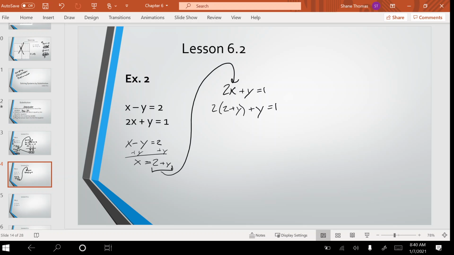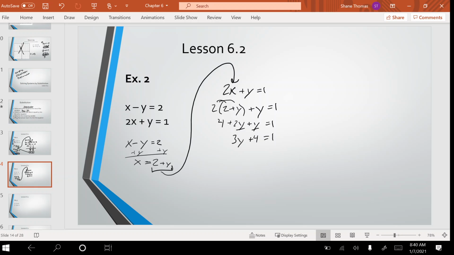Okay, yeah, you're still multiplying. You're multiplying the 2 through. Here, here. So what's 2 times 2? 4. 2 times y. 2y, and then plus y equals 1. Combine my like terms. The 2y and y is going to be 3y plus 4 equals 1.